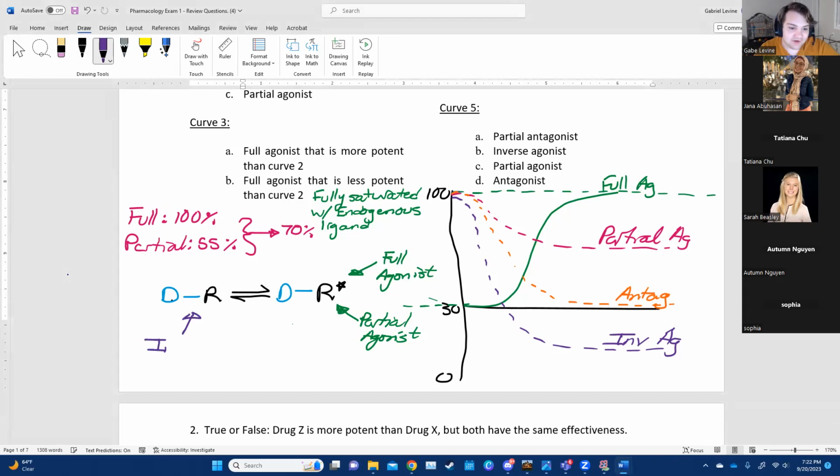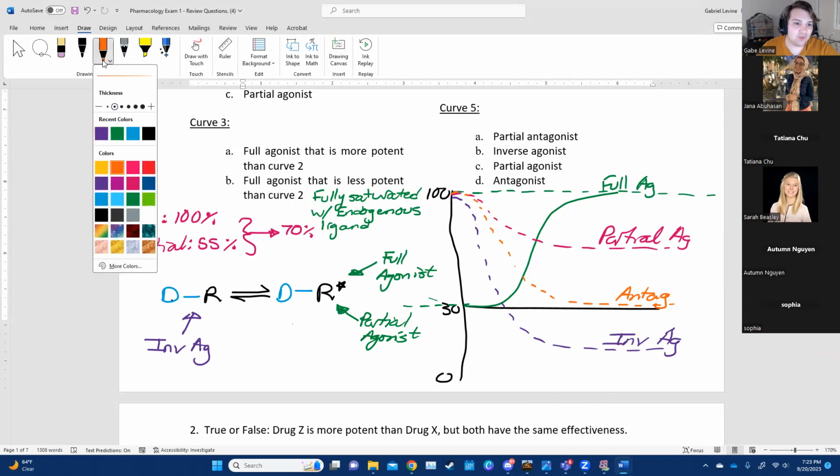So inverse agonists are going to be increasing the ratio towards the inactive receptor. And this is why they're the only ones that can decrease the activity below the basal amount, because they are pushing the ratio further than what it normally would be.